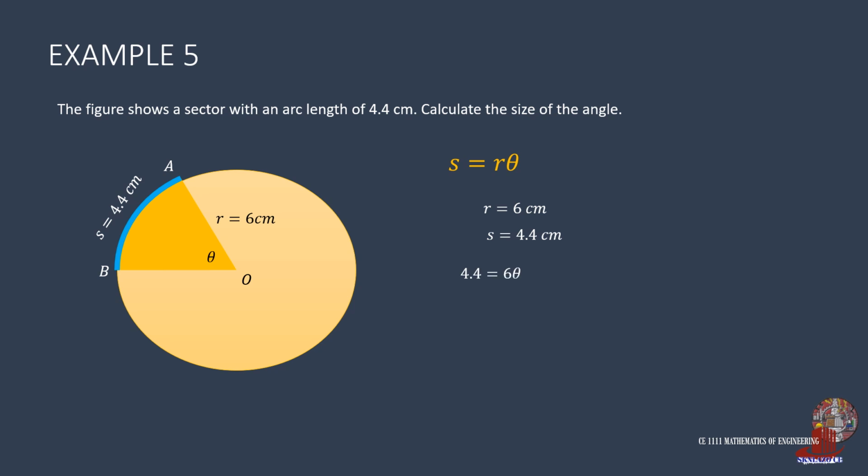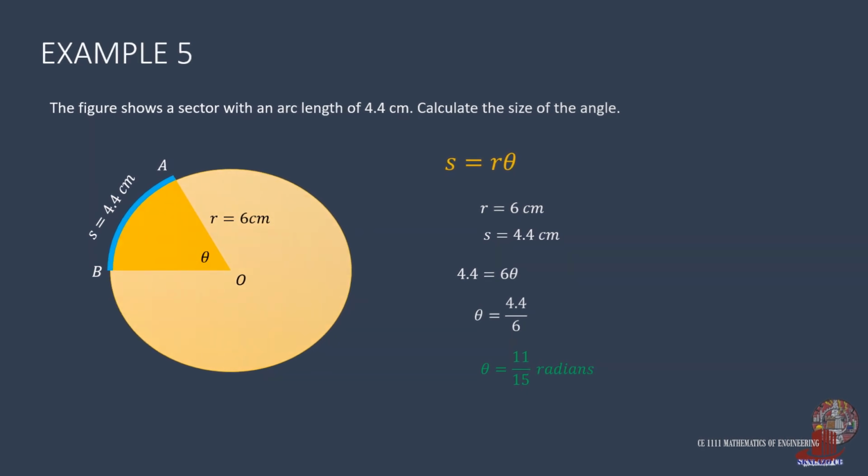Placing these parameters in the working equation, we get 4.4 equal to 6 theta. So theta is 4.4 upon 6 reduced to 11 all over 15 radians.